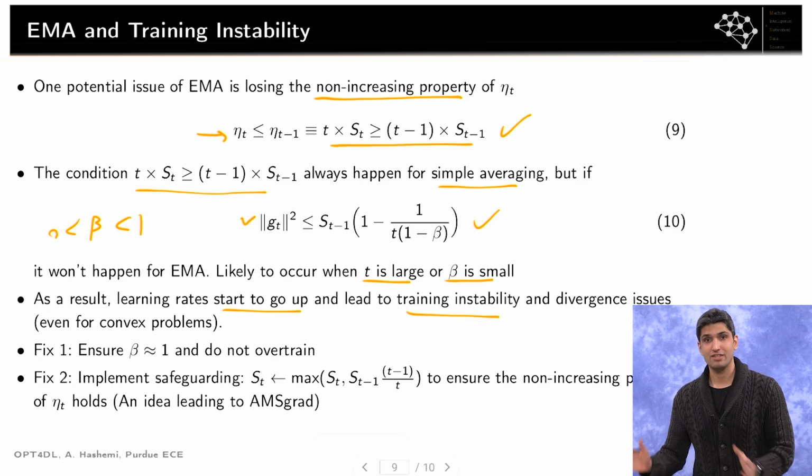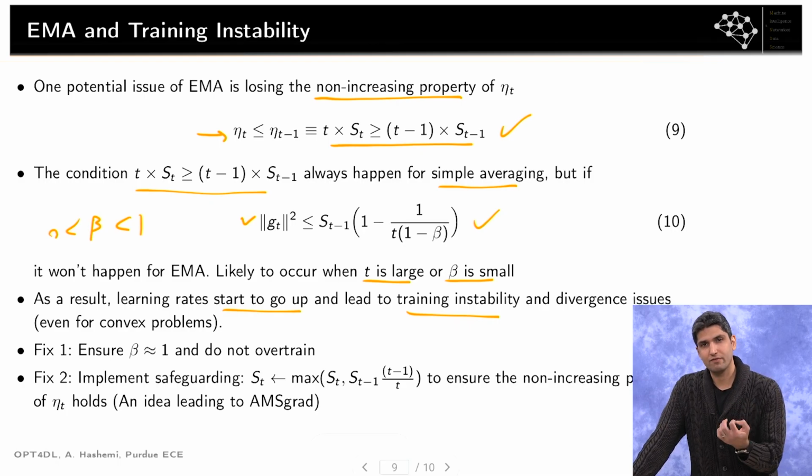So remember, when t is large, you ideally want to be very refined in your search. But as t goes up and we are losing this property, step size could become large. So we're going to lose this refinement in our search. And even worse, it may actually lead to some divergence issues.